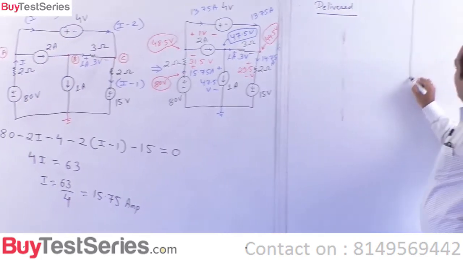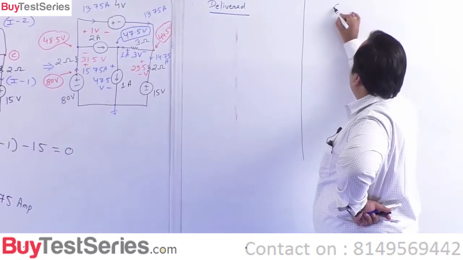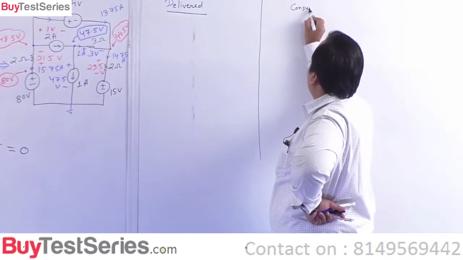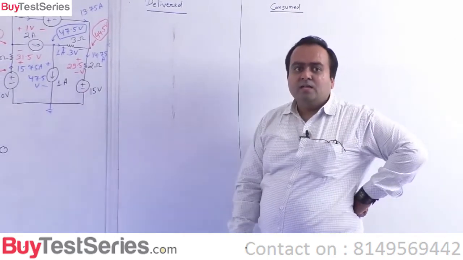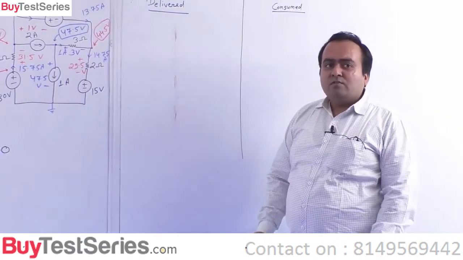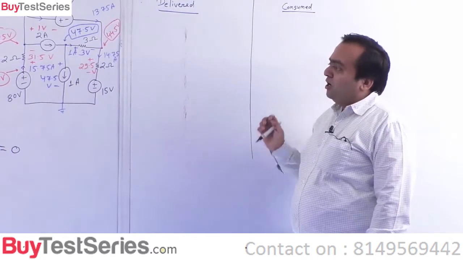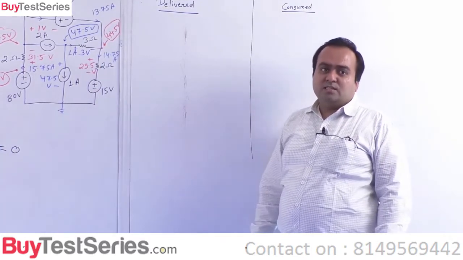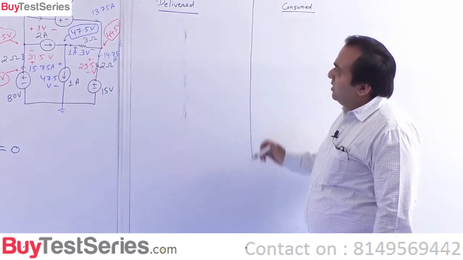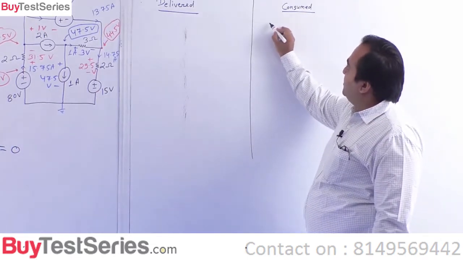So delivered on this side, consumed on this side. Alright, so first of all, when we say consumed, all the resistances must consume, so we must put all the resistances in this column.